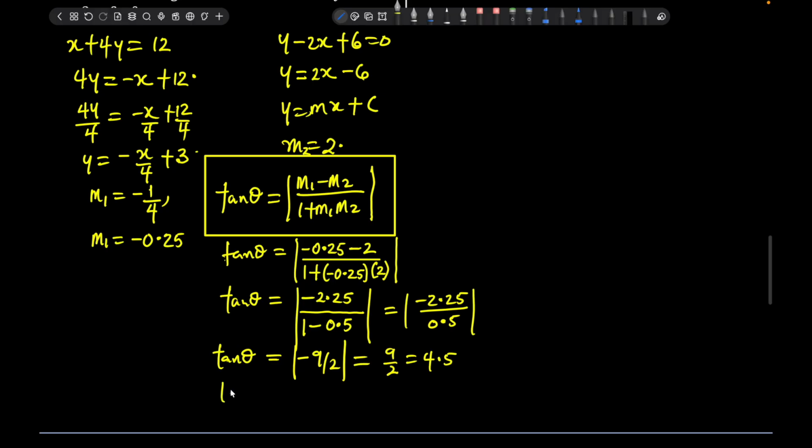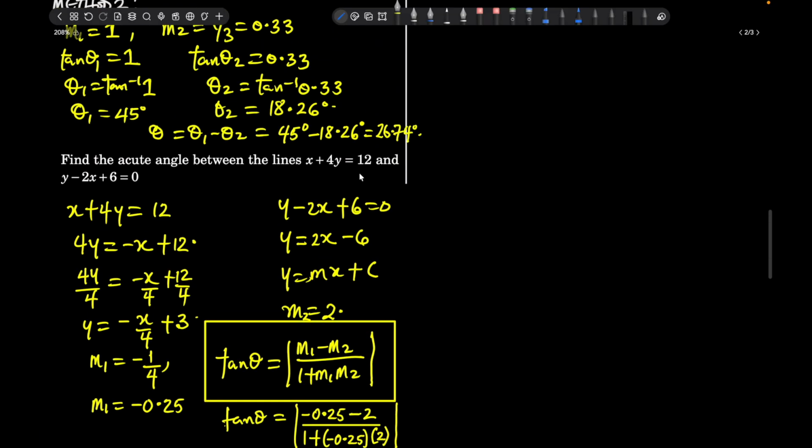Now tan theta is equal to 4.5. So which means that theta is going to be equal to arctan 4.5. What is arctan 4.5? It's going to give us 77.47 degrees. So that is the angle between the two lines that you have here.